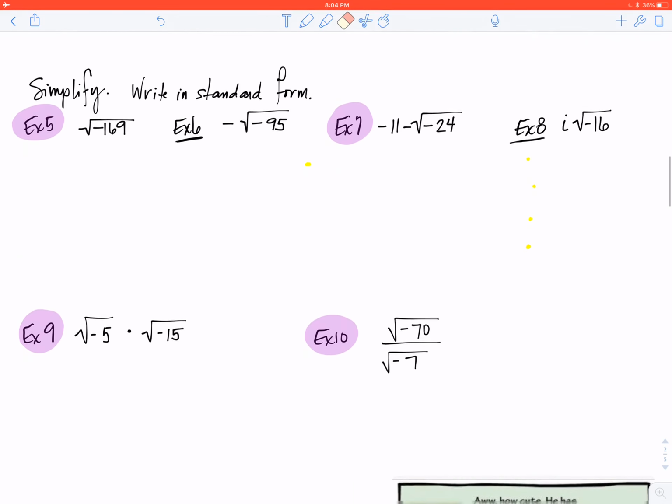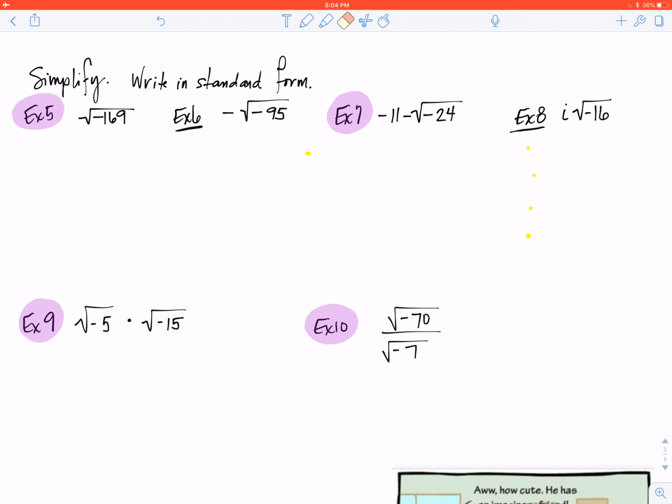So let's go down to example number 6 first of all. In example number 6, if we're always going to deal with the negatives first, that's talking about the negative on the inside of the square root. One of the things that we're going to be learning in class is that anytime you have the square root of a negative, that's the same thing as i.